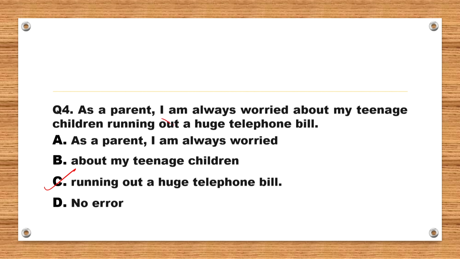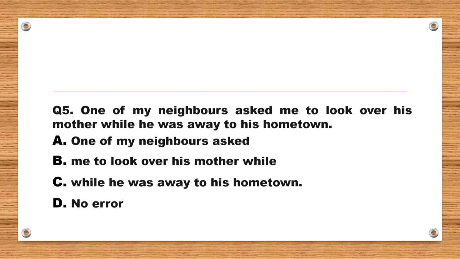The correct phrasal verb required here is running up, which means a sudden increase in price or value of something, or basically to allow a debt or bill to accumulate. Hence, the correct sentence should be: as a parent, I'm always worried about my teenage children running up a huge telephone bill. Fine. Now, next, solve this.